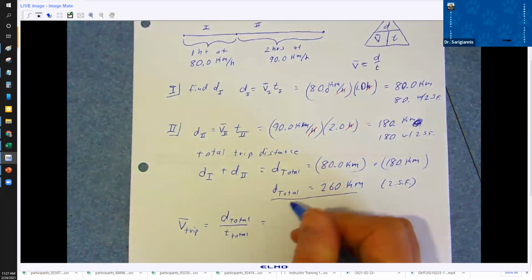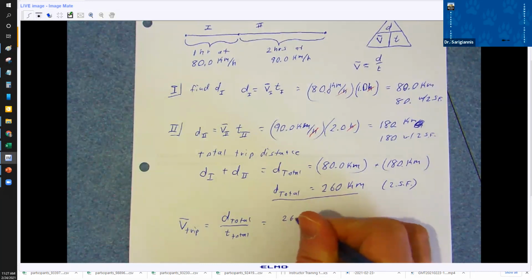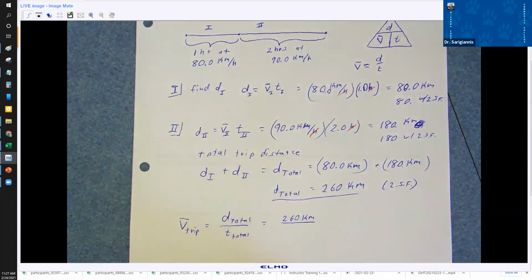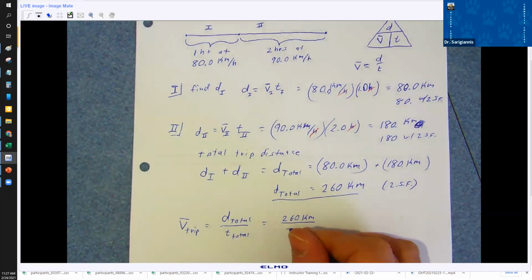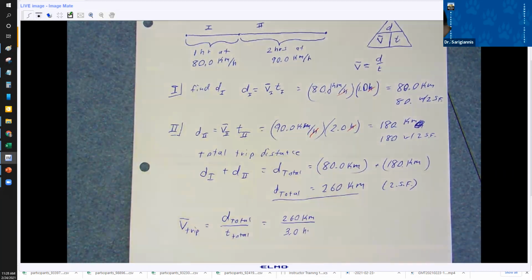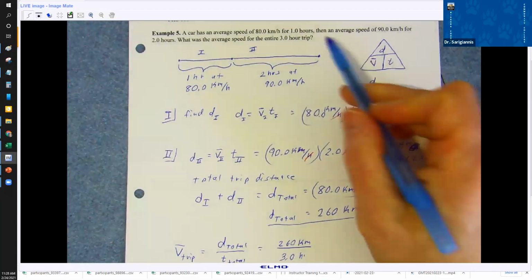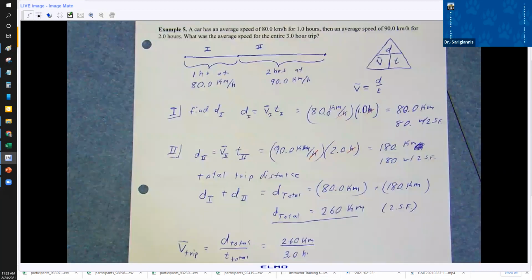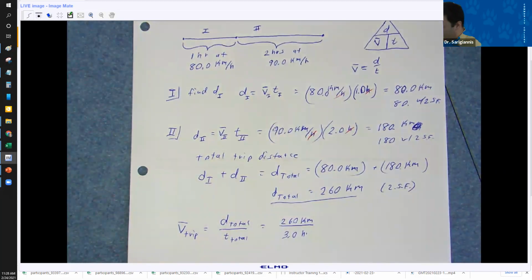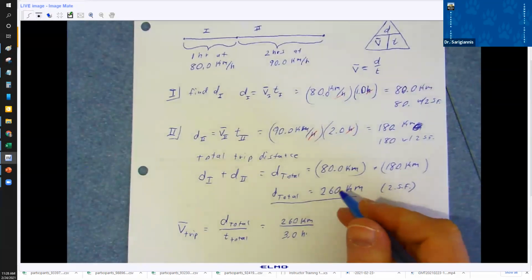So here we've got 260 kilometers divided by 3.0 hours. Now notice the hours, right? We've got 1.0, 2.0, or we're given it was 3.0, it adds up to 3.0.